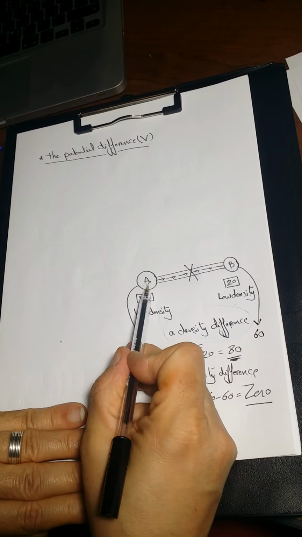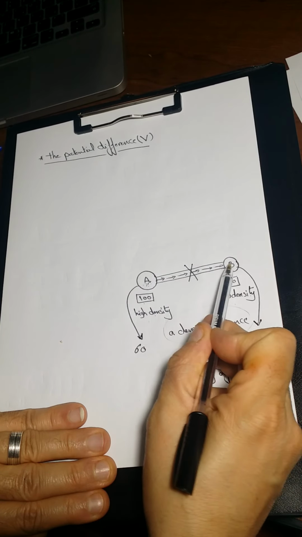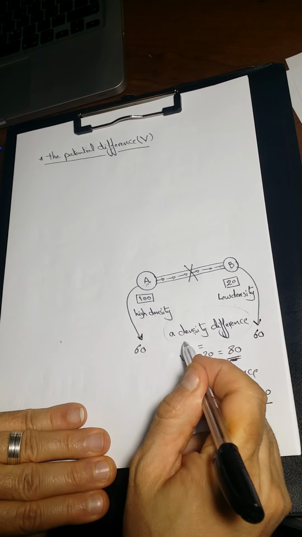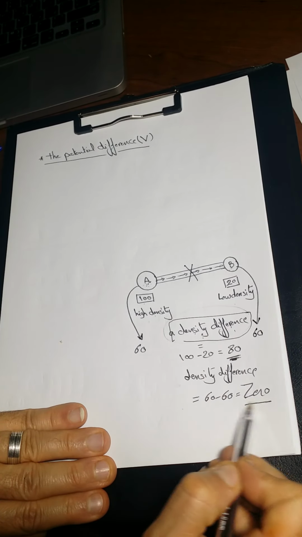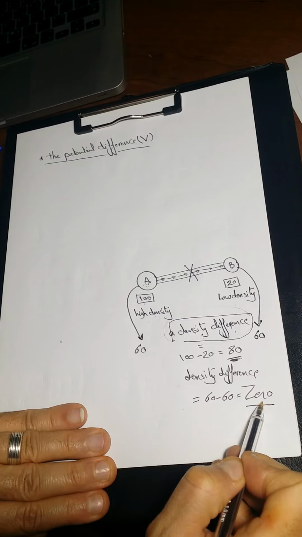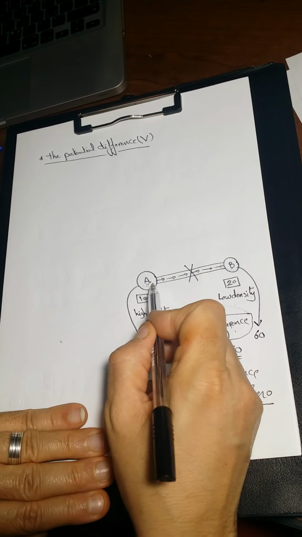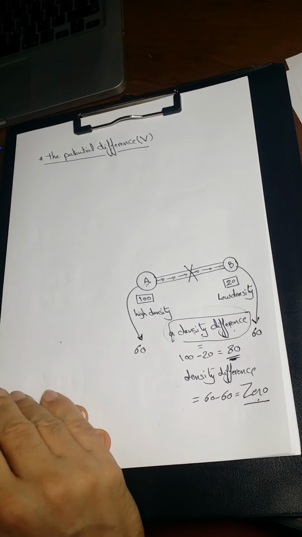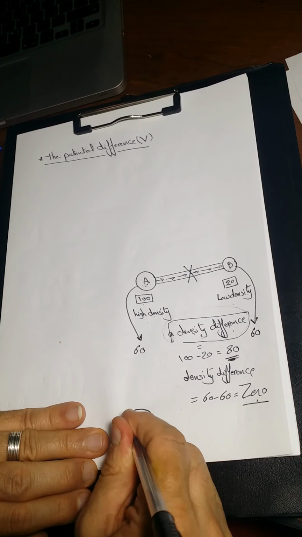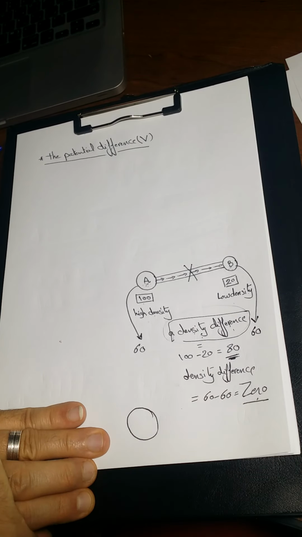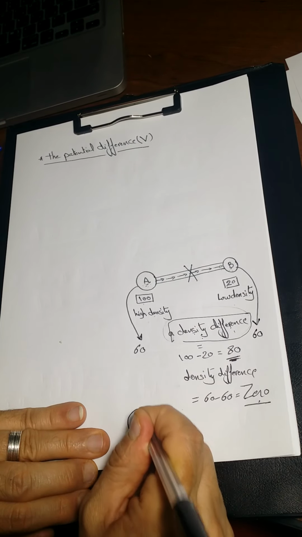So, what caused the movement of students from A to B? إن في density difference. If there is no density difference or the density difference equals 0, خلاص the students will not move from one class to the other. It makes sense? Yes.